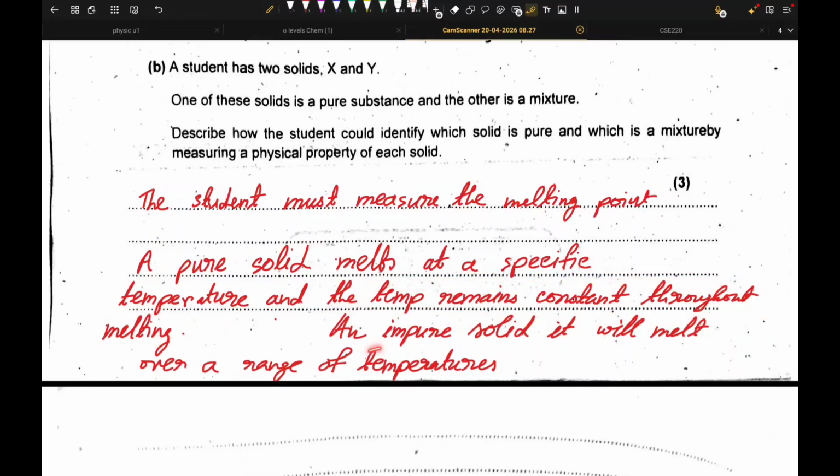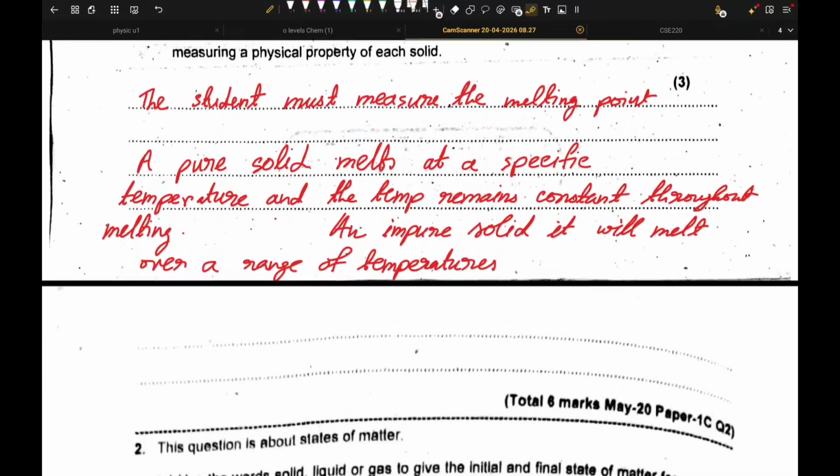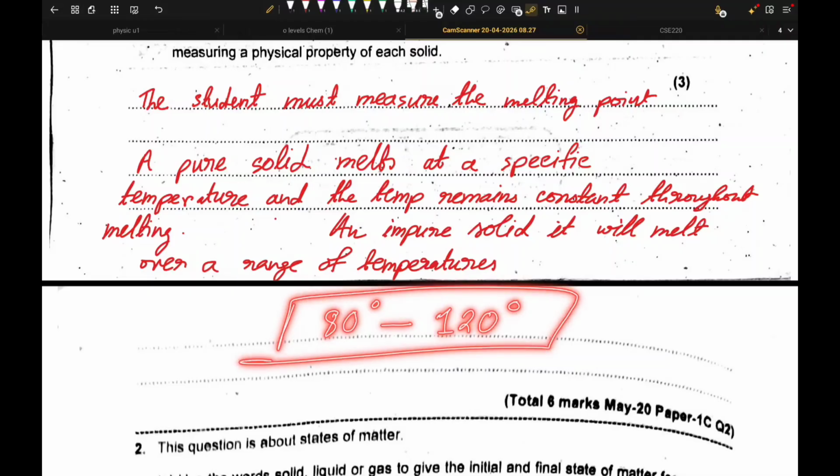But if an impure substance is being melted, first of all, the temperature at which it will melt will be a range of temperatures, which means, let's say that the melting process started somewhere at 80 degrees and it will continue till like 120 degrees or 110 degrees or something like that. This is the range of temperature.